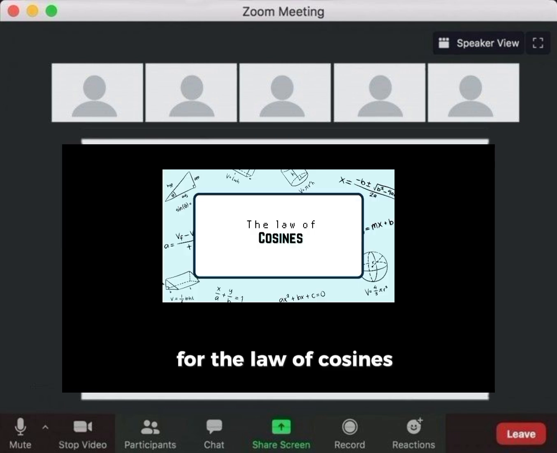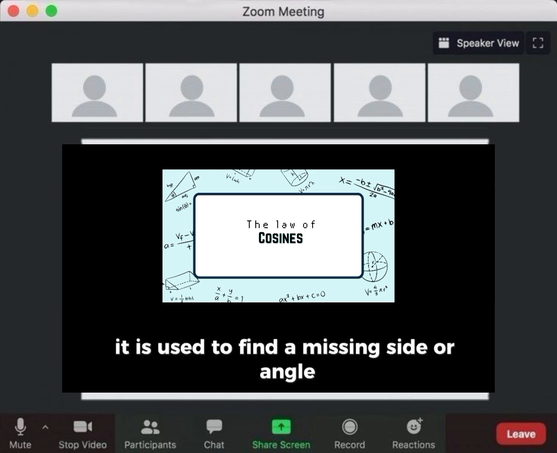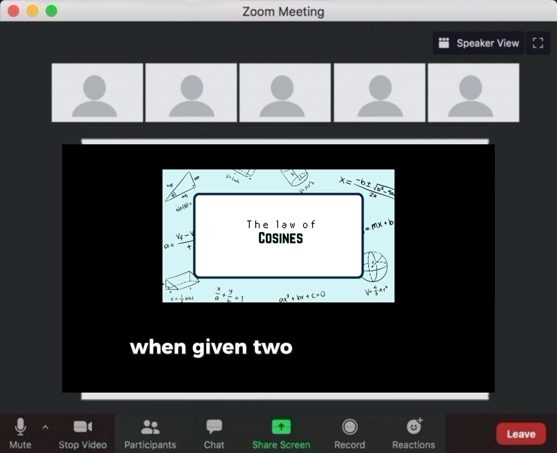The law of cosines is used to find a missing side or angle when given two sides and the included angle, or three sides.